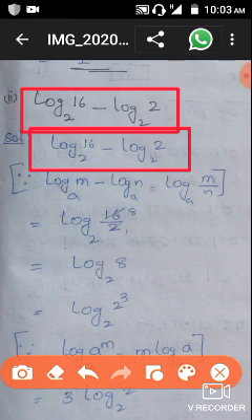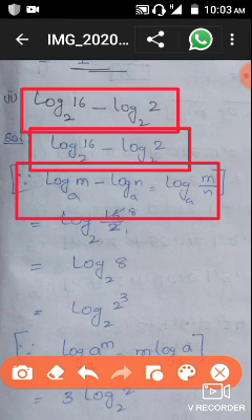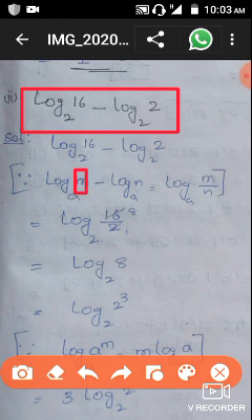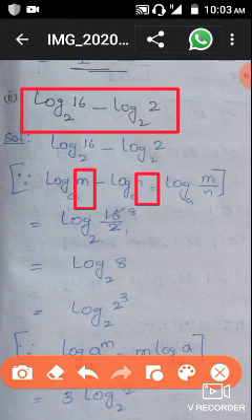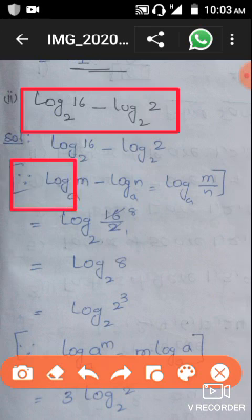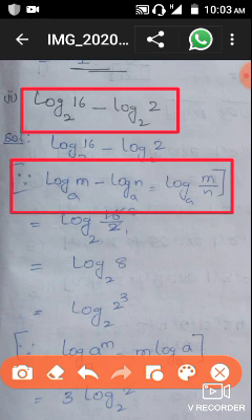Again we write the question: log 16 for base 2 minus log 2 base 2. According to the formula log m minus log n, in the place of m is 16 and in the place of n is 2. So according to the formula, log m minus log n equals log m by n.